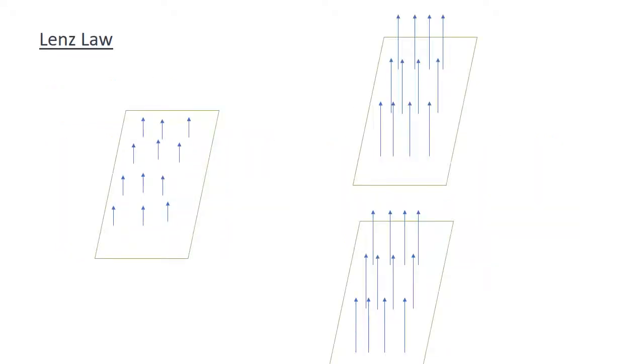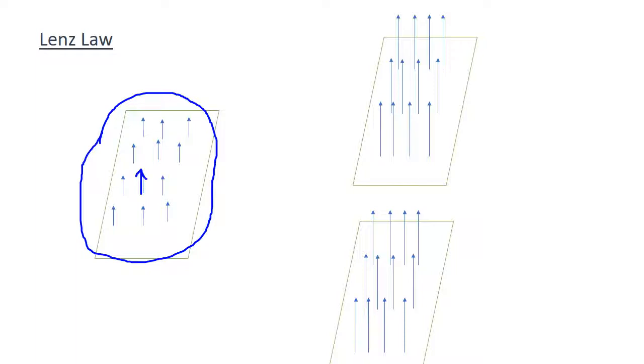Here is an example of how to determine the direction of current using Lenz's law. Now we have a square loop of conductor over here, and the vectors represent the magnetic field.